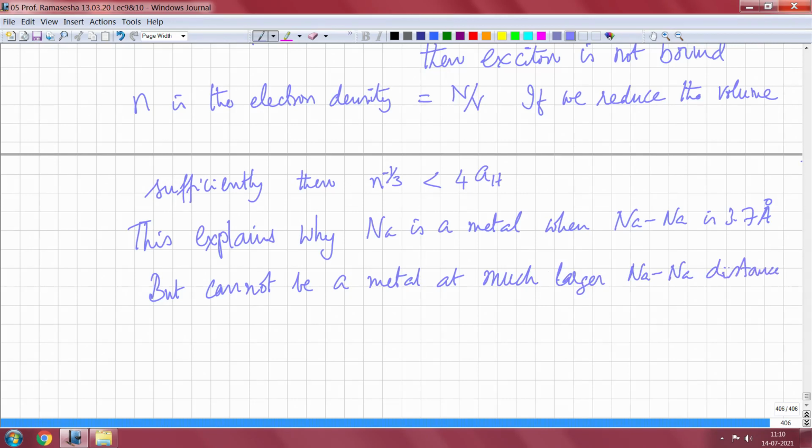Notice one thing, that this argument is exactly like the argument in the hydrogen molecule. So, what was happening in the hydrogen molecule has been just carried over to sodium.